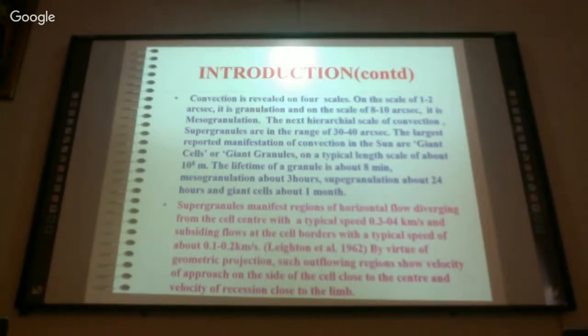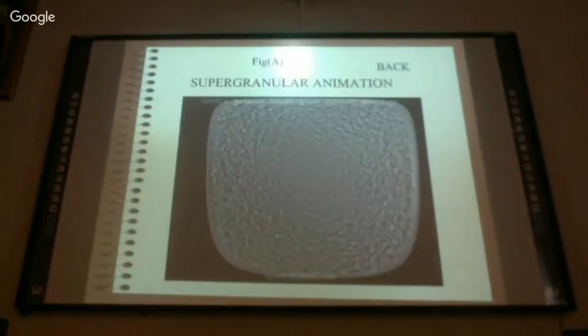By virtue of geometric projection, such outflowing regions show velocity of approach on the side of the cell close to the center, and they show velocity of recession on the side close to the limb. At the center of the disk, there is no Doppler shift here, and you see that the pattern is almost uniformly gray.